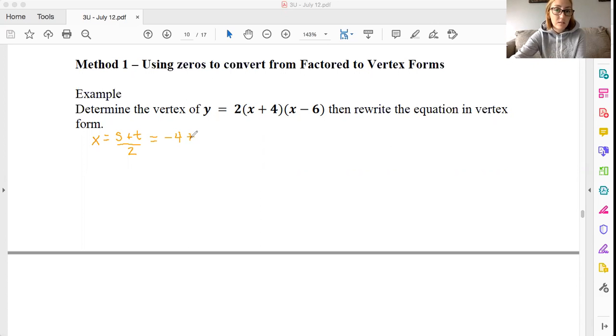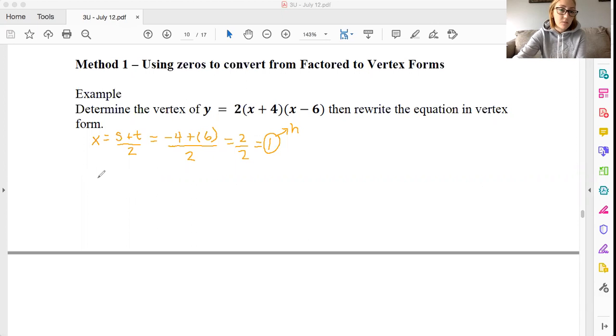And we're going to do plus, and because it's -6 there, it's going to be +6, and then divide by 2. So that gives us 2 over 2, which is ultimately 1. Okay, so that is our h value. So this is our h inside of that vertex form.